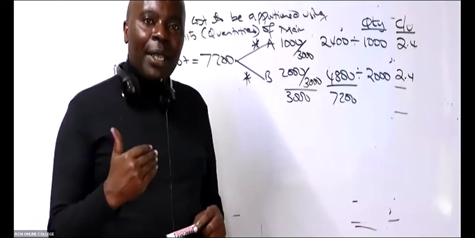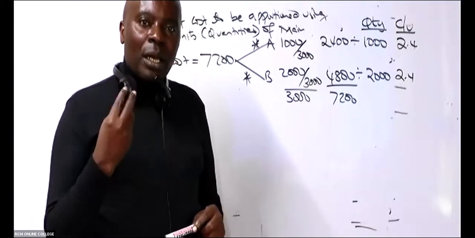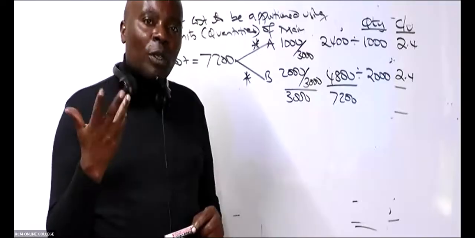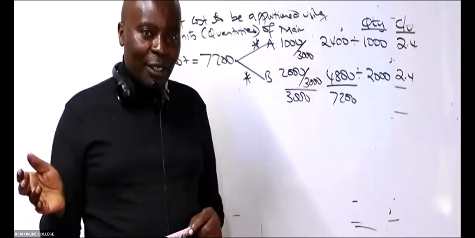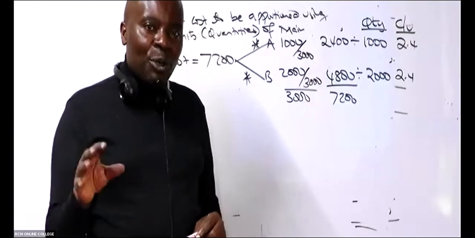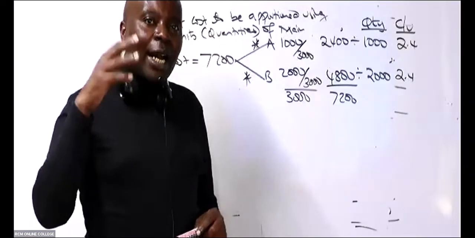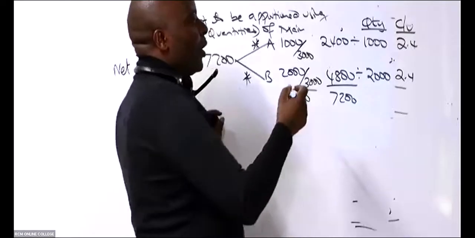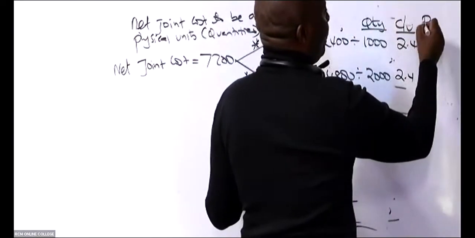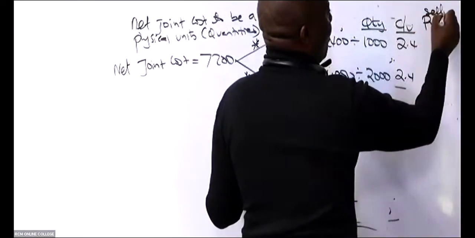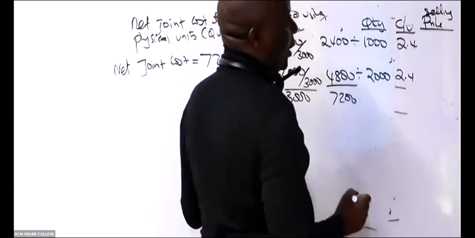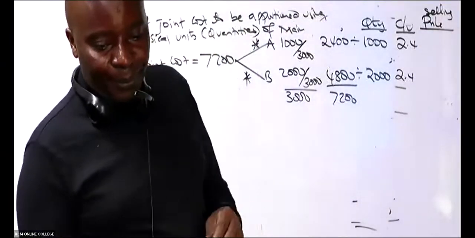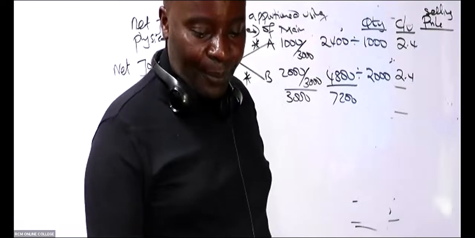You can't tell me that if I'm producing sodas, Coke and Fanta, they will cost the same. It's not possible. One major product will have a higher cost. And then, of course, they have given us selling prices. Are you able to remember the selling prices, my good students? A selling price.